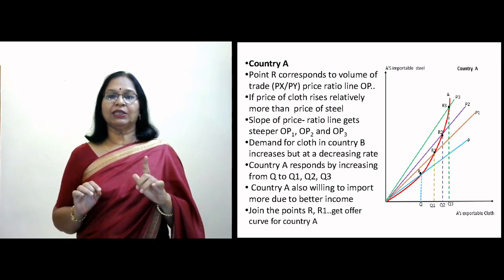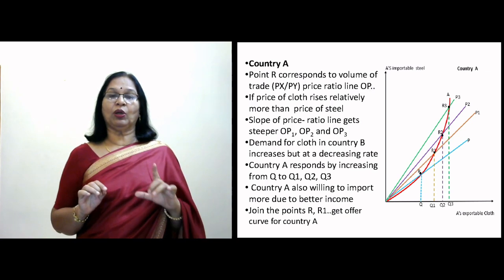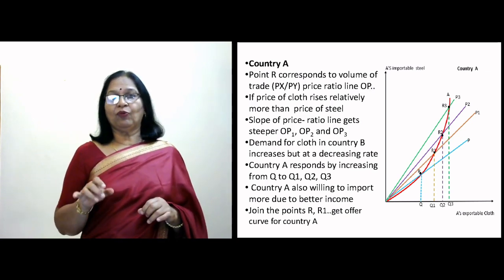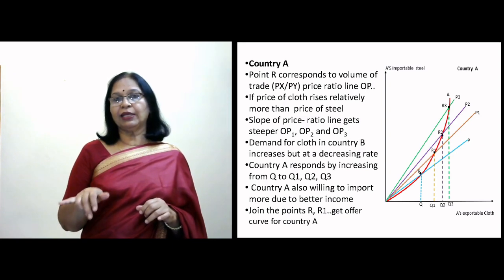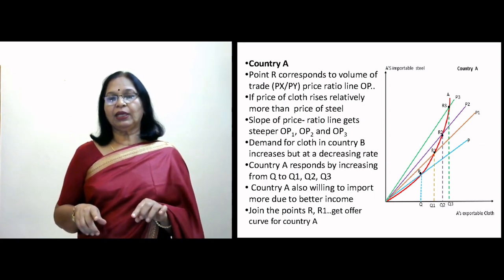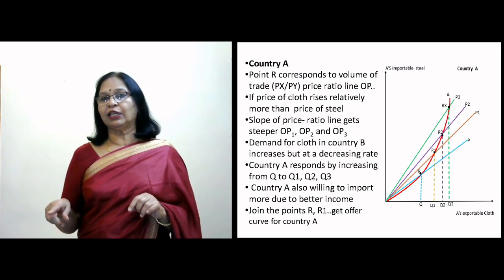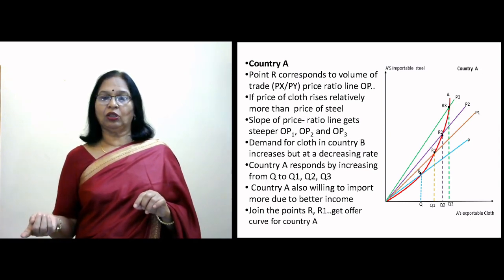On the vertical axis, we have A's importable good. What is A's importable good? A is going to import steel, and what is A's exportable good? A is exporting cloth. So vertically, it is importing steel, and it is offering to sell cloth in the international market.